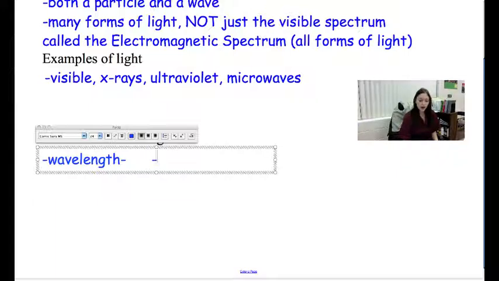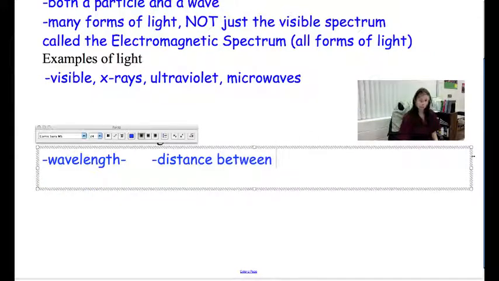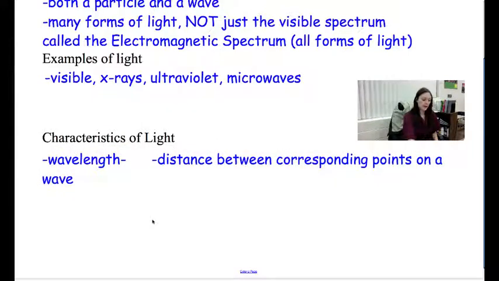And a wavelength is the distance between corresponding points on a wave. And the sign for a wavelength is what we call lambda. That's like that, kind of like a backwards hunched over H.